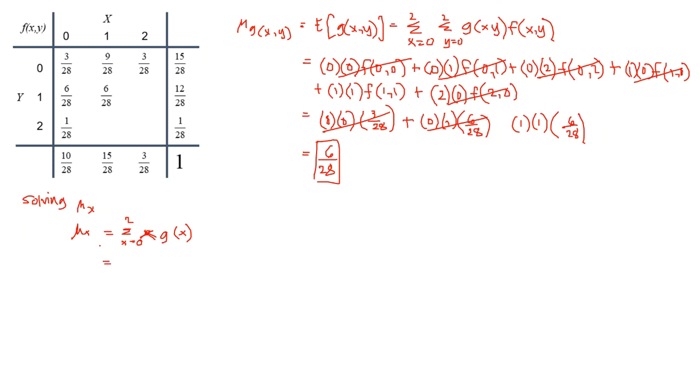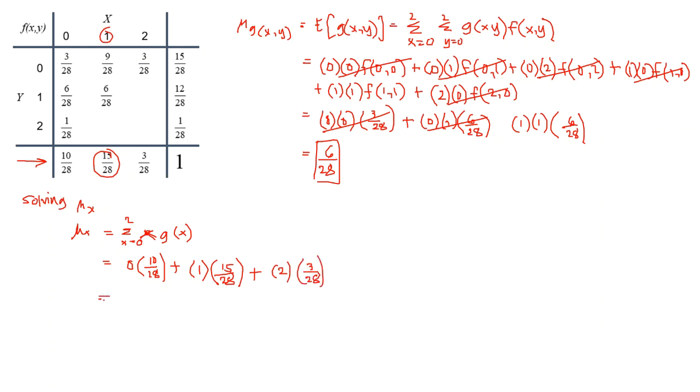So for this one, we have x, which is 0, multiplied by the value of our g of x. For the g of x, we will be using the marginal distribution, which is the total value under x, which is 10 over 28, plus our x, which is 1, times the total value under 1, which is 15 over 28, plus 2 times 3 over 28.